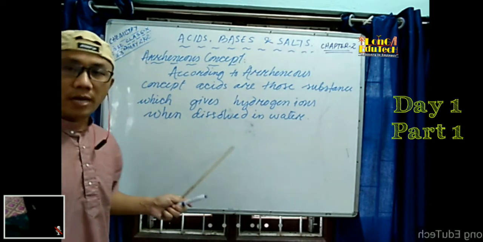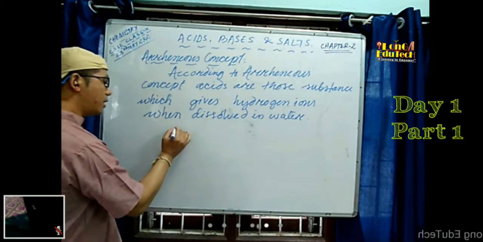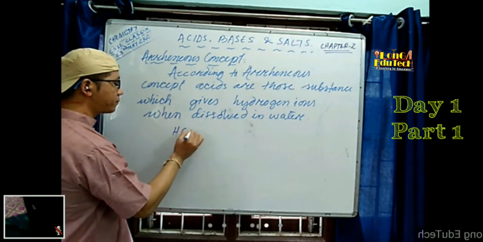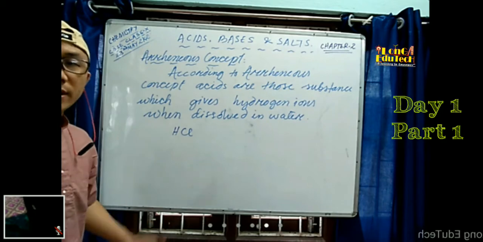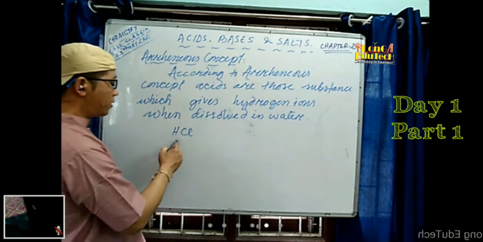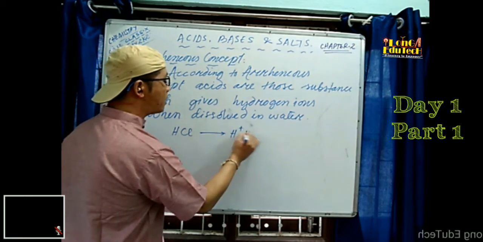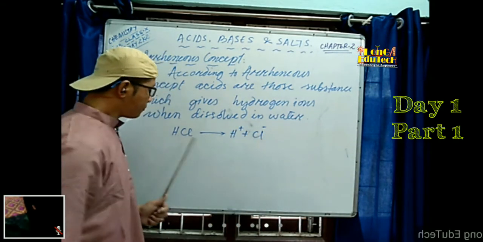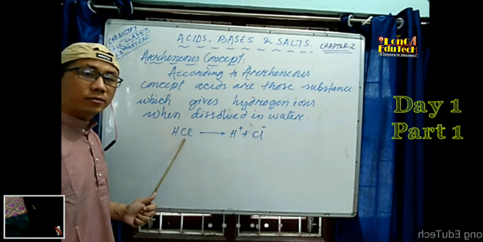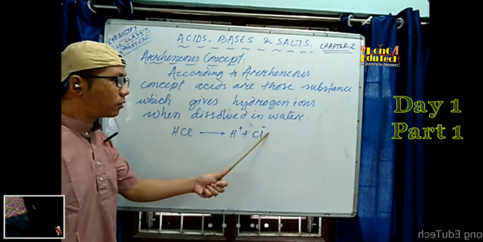I will write one equation here. Say you take HCl, the hydrochloric acid. You must know that hydrochloric acid contains hydrogen ions and chloride ions. When dissociated, it will produce hydrogen ion and chloride ions.